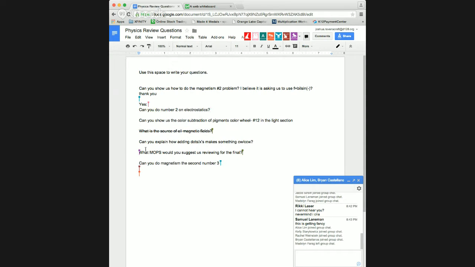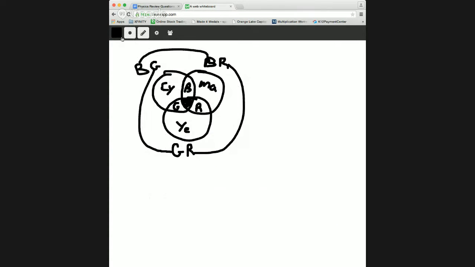All right, let's see. Next question. Can you explain how adding dots and X's makes something clockwise, counterclockwise? Sure can. All right, let's go back to here. Okay, so remember, this is our key for right-hand rule for magnetism, clockwise, counterclockwise.